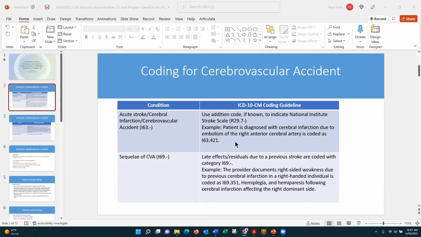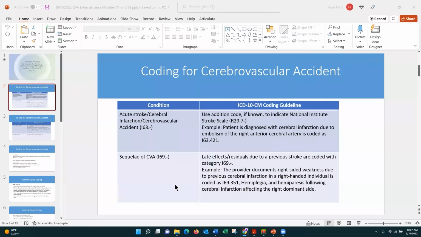The next condition that we'll see in our charts is sequela of CVA. That's late effects. That's residuals due to a previous stroke. They are always coded with your I-69 category. They will never be coded with I-63.